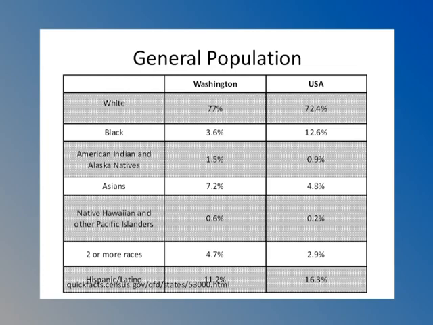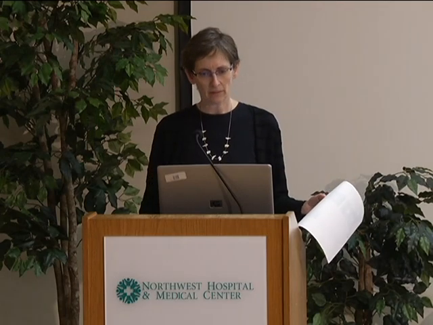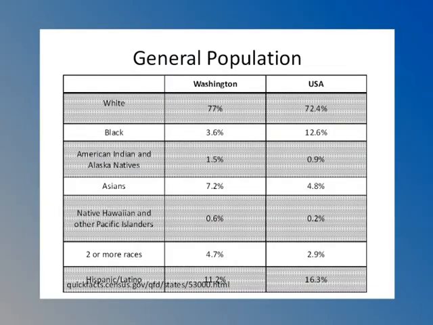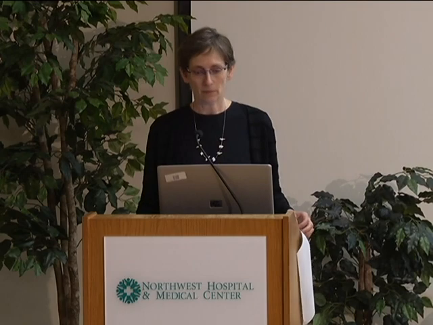And so you go, well, okay, what's the population in this country? And this is just the general population. So 77% of the people in this country are Caucasian, but 45% of the people who have the disease are African Americans, where they are only 3.6% in Washington State and 12% in the country. So very high disproportion of disease by people of color.